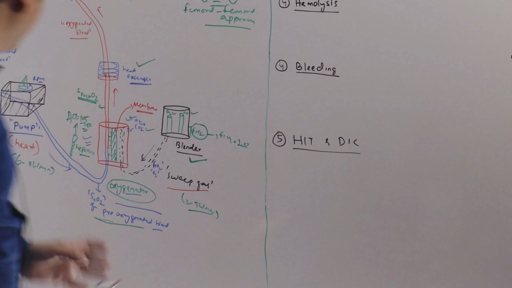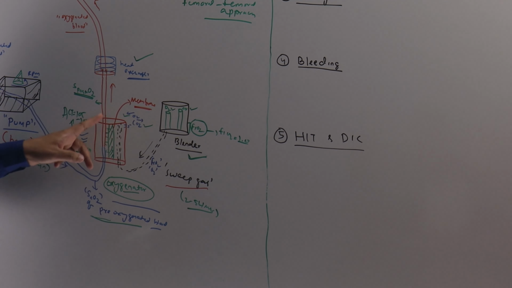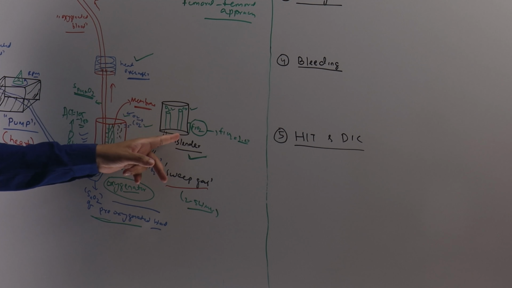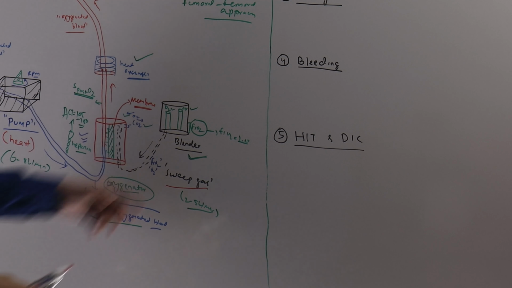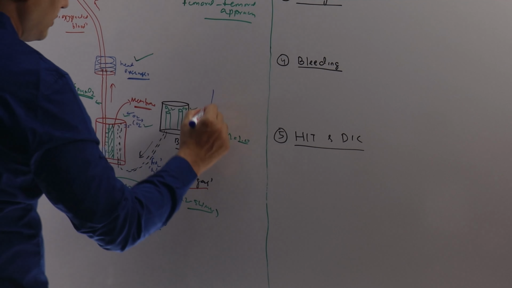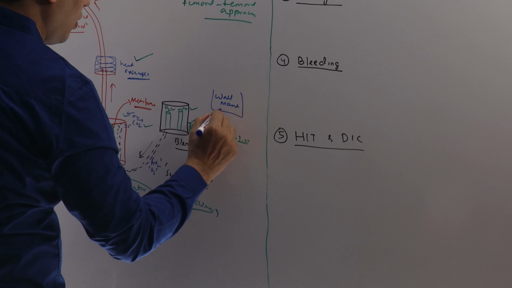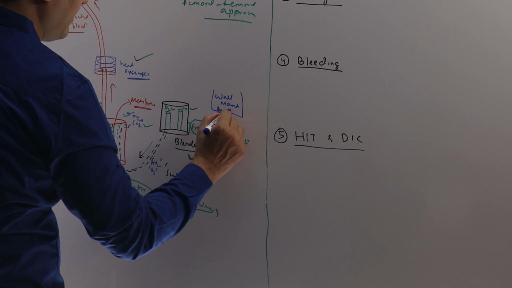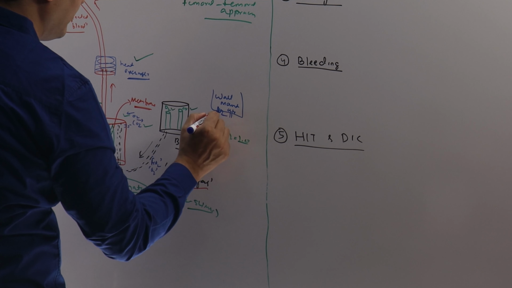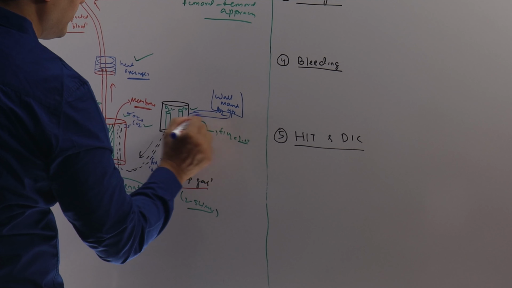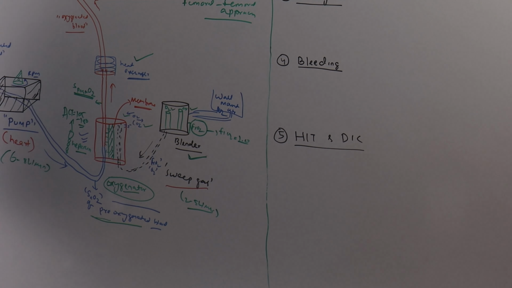So you can see here, this is the oxygenator and it is receiving oxygen from the blender, and the blender receives oxygen from the wall mount. Here we have the oxygen source and the air source. From here they get the supply, and from the blender the oxygenator receives the oxygen and air, right?